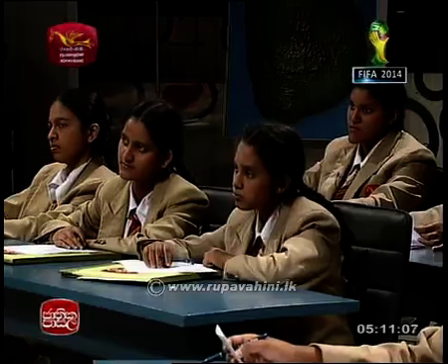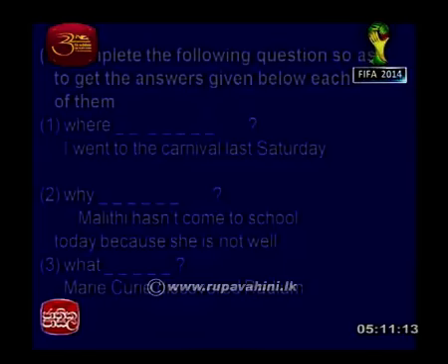Why? So here, why Maliti hasn't come to school? Why? The question. Here the answer, Maliti hasn't come to school. Then, how do you form the question? Why hasn't? Verb should come. Verb should come to the word form.